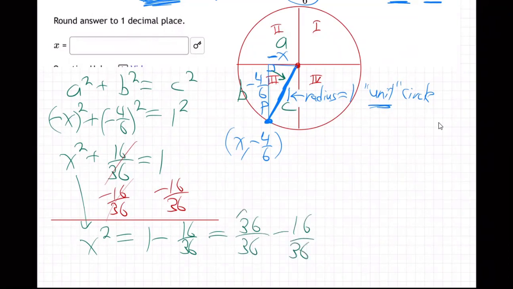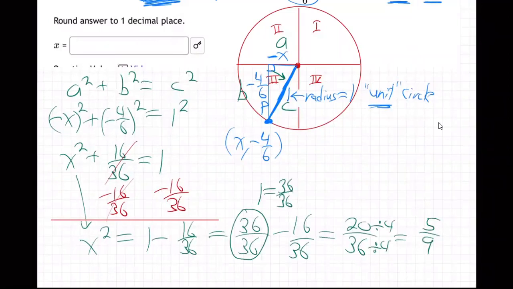This is a 1, isn't it? 1 is equal to 36 over 36. It's just a fancy way to say 1. And then you can subtract these, and you'll get 20/36. And then you can even reduce it, divide top and bottom by 4, and you'll get 5/9.